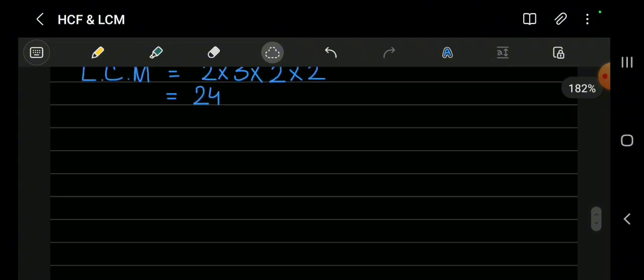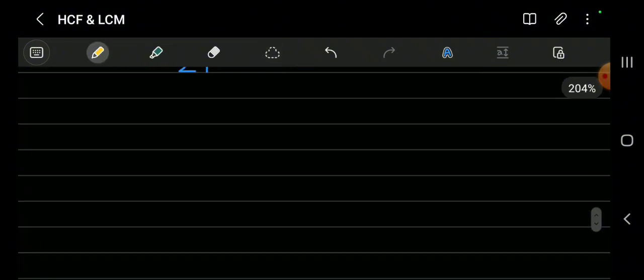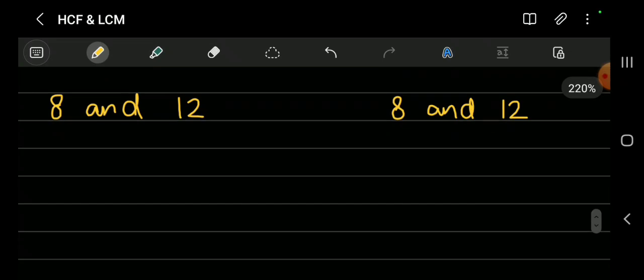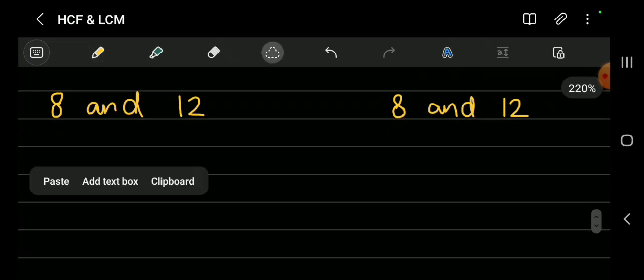Let me give you a comparison between HCF and LCM. If you want to do it by the same method, what will be the difference? Let's take the example of 8 and 12, and we need to find the HCF and LCM for these two numbers.